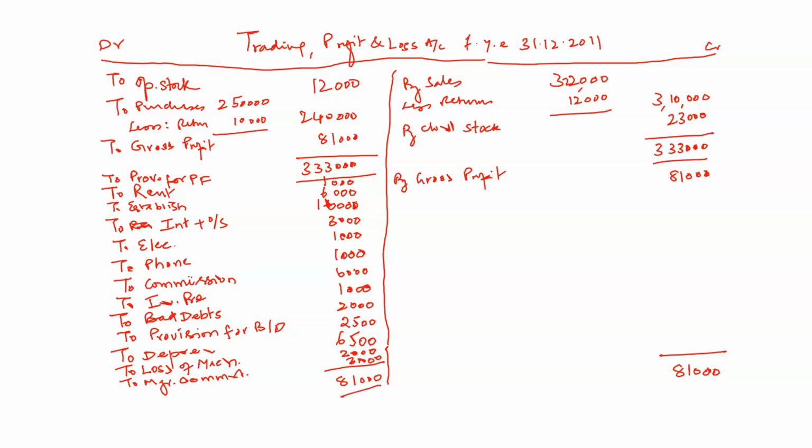So that means out of 81,000, now it will be 51,000 after adding this 3,000 of manager's commission. So the final net profit, as there is no space, I am writing over here, rupees 30,000.